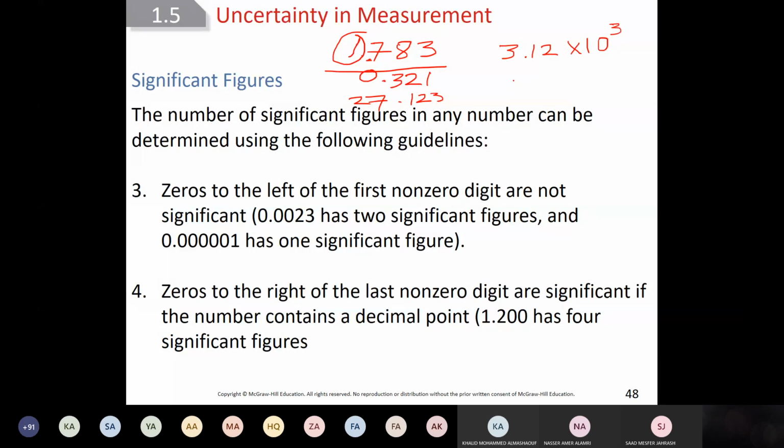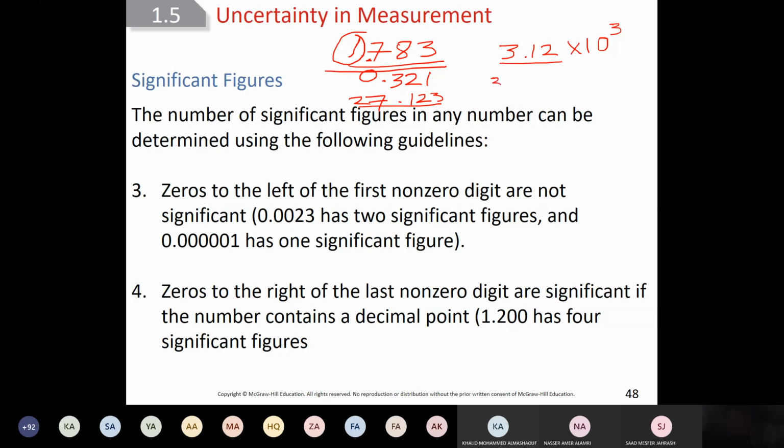Now, what do you mean by significant figures? Which numbers are significant? Any number that you write other than 0 is always significant. So how many significant figures here? There are 3. How many significant figures here? There are 5. How many here? There are 4.